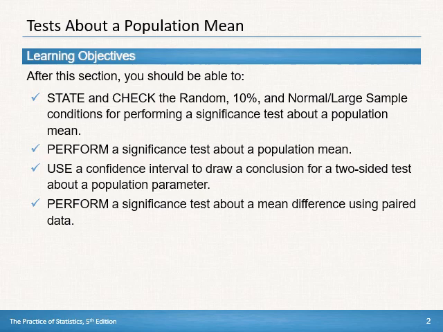We'll actually do some testing, and we'll show you how to apply the 4 steps to that. In the second part, we'll start comparing a two-sided test with confidence intervals, and we'll talk about paired data as well.